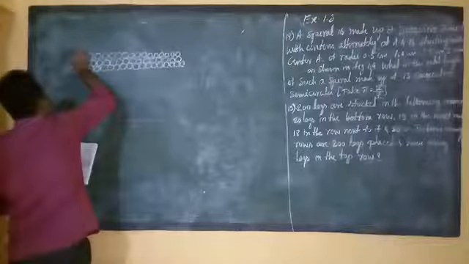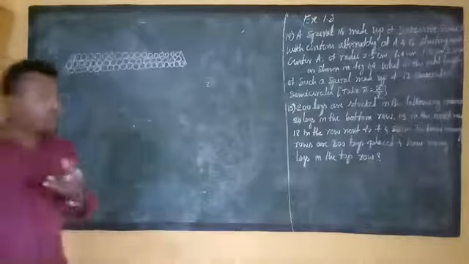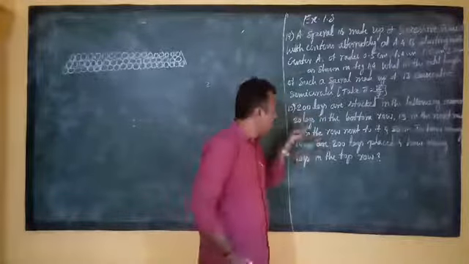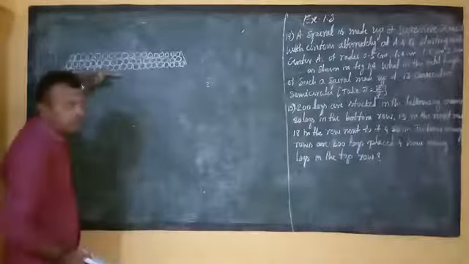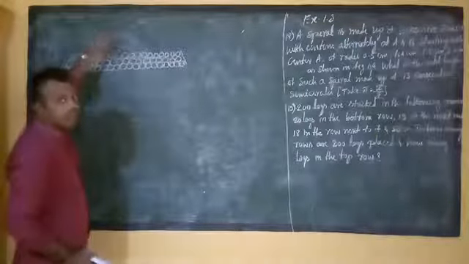So like this. Logs means wooden poles. So wooden poles are stacked in the following manner: 20 logs in the bottom row. How many logs are there in the bottom row? 20. Then next 19, next 18, next 17.